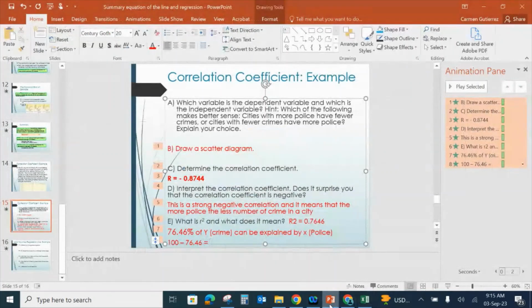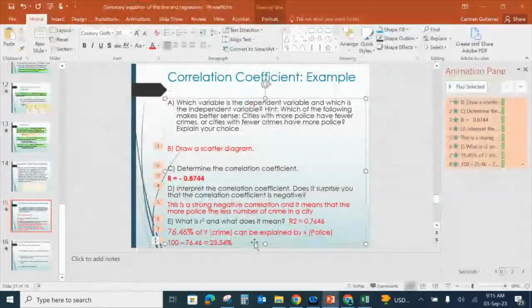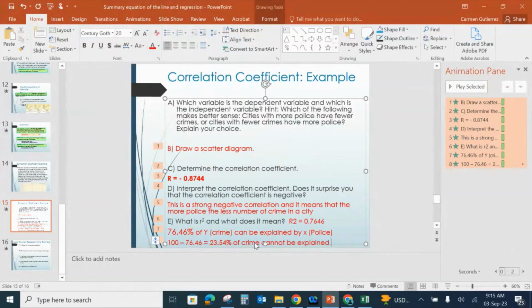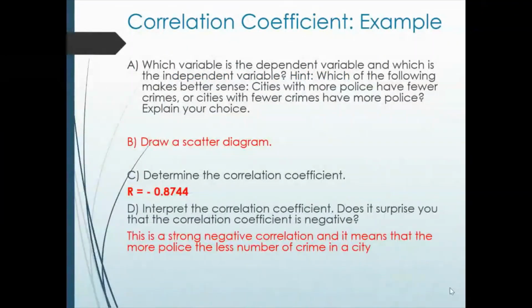So this is equal to 23.54%. 23.54% of crime cannot be explained by police. And I'm running out of space, I know. But anyhow, let me get this bigger for you here.